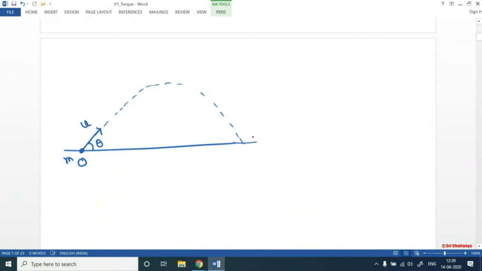So the question is, when the particle is at its topmost point, let's say here, what would be the torque experienced by the particle due to gravity about point O?